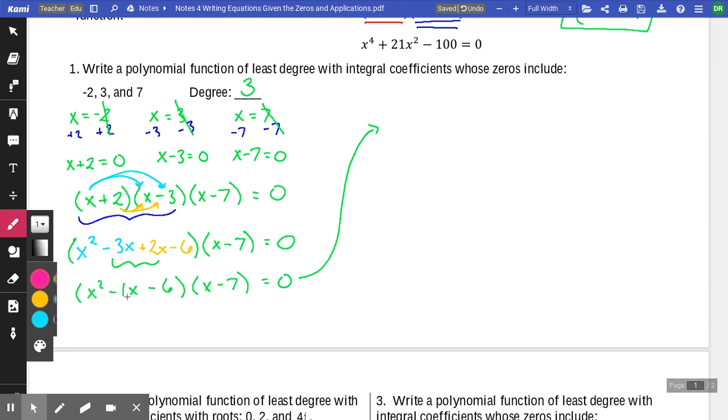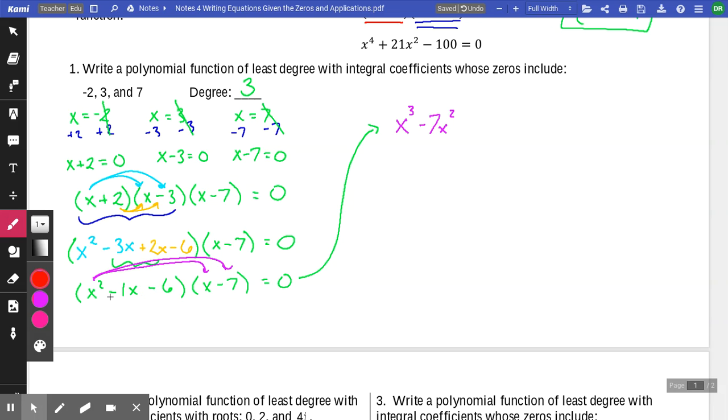So let's talk about how that's going to work here. We take this x squared, for example, and we multiply it to this x. So x squared times x is x to the third. And then we'll take x squared times -7. That's -7x squared. And keep track of these exponents. It's going to be important when we combine like terms.